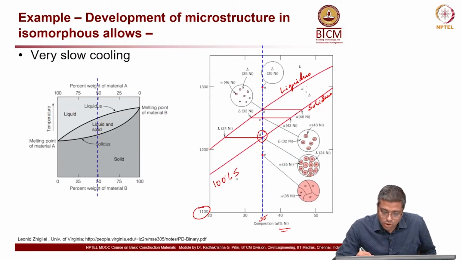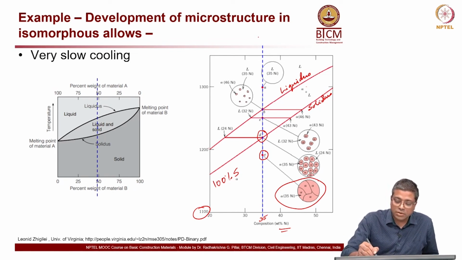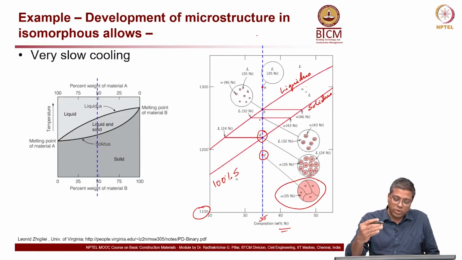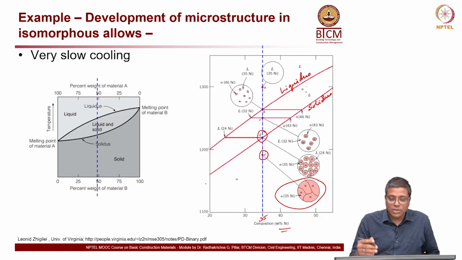As you just cross the solidus, you see that it is 100% alpha and there is no liquid phase. So, from top to down, as the temperature keeps decreasing, you get more and more solid phase and gradual changes.